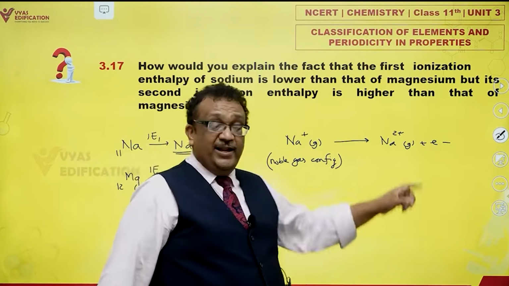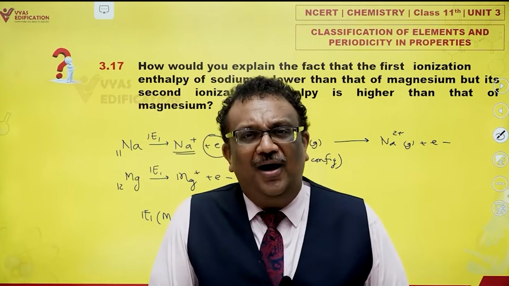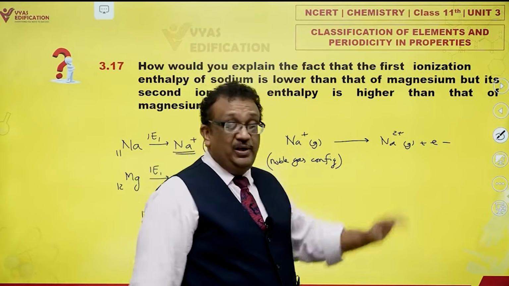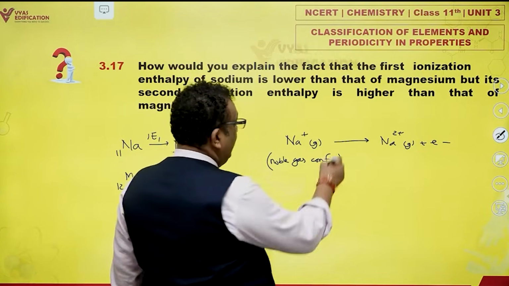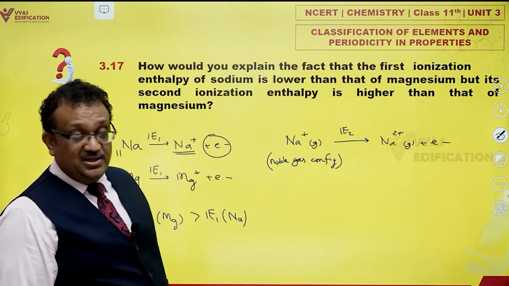Now, the moment you want Na2+, you are trying to break noble gas configuration, which is really heartbreaking. It's a very difficult thing to do anyways. You cannot break away noble gas configuration very easily. So, IE2 of sodium is expected to be very, very high, and indeed it is.